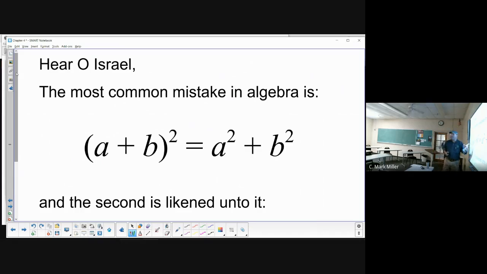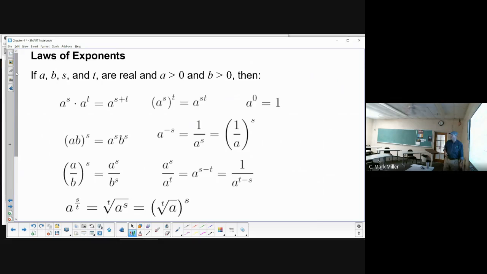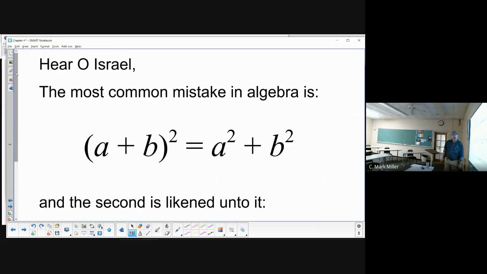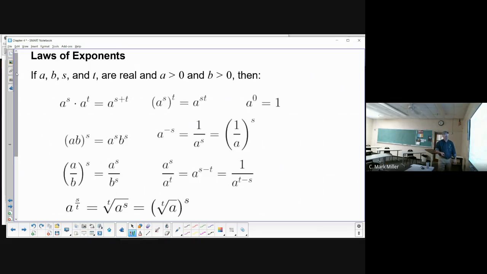The most common mistake in algebra, while we're on the subject of rules of exponents, you cannot distribute the exponent over addition or subtraction. You cannot distribute the exponent over addition or subtraction. You do distribute the exponent over multiplication and division, which is right here. Over multiplication, you distribute the exponent over multiplication.